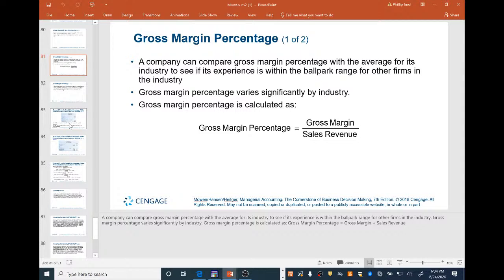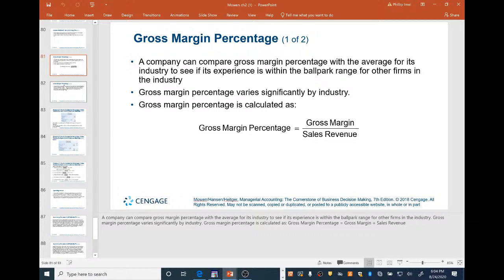So the gross margin percentage is the percentage of profit based upon your sales revenue. Pretty simple: the numerator, on top, is your gross margin, and the denominator, on the bottom, is your sales revenue. Makes sense?